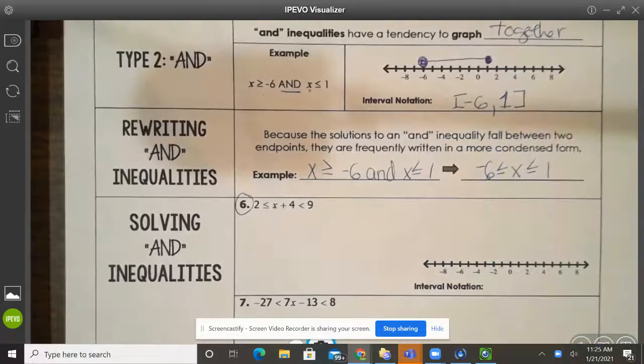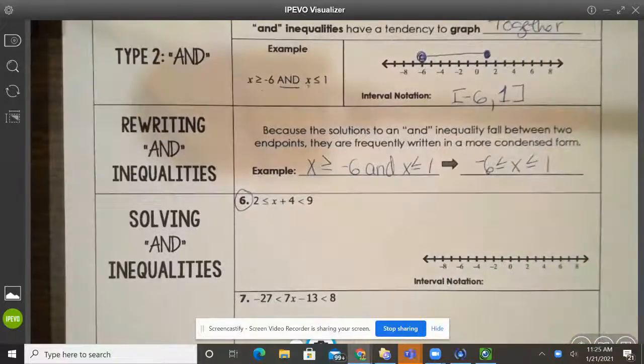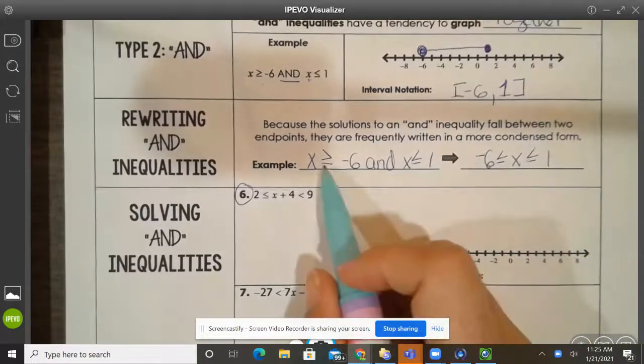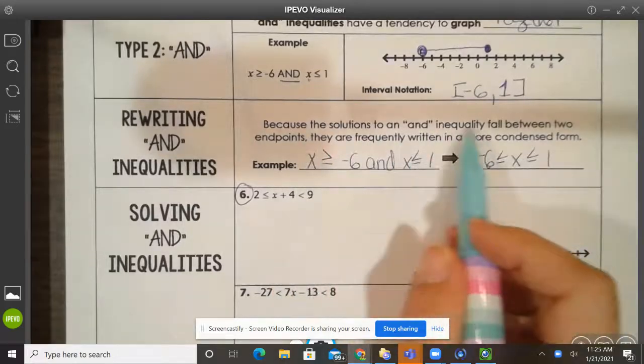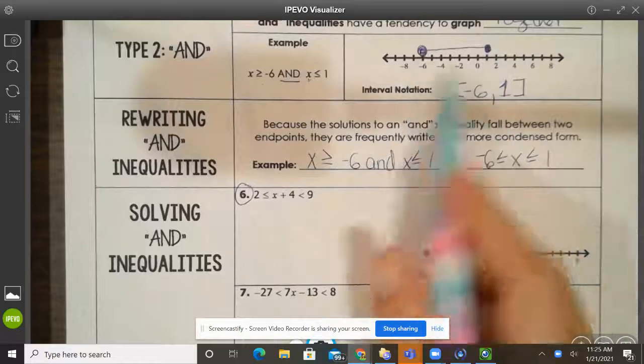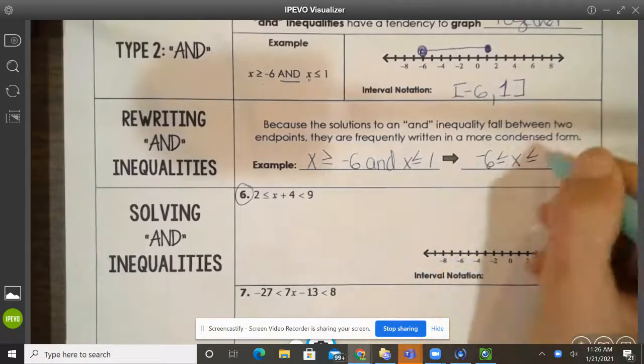Just one interval notation here. Just one interval. That's all we use. Now, because the solutions to an and inequality fall between two endpoints, they are frequently written in a more condensed form, which is this one.